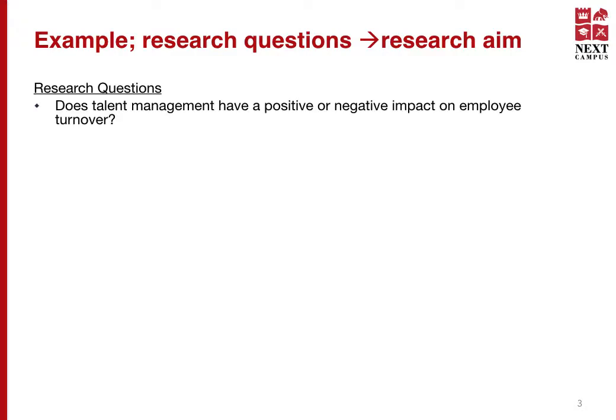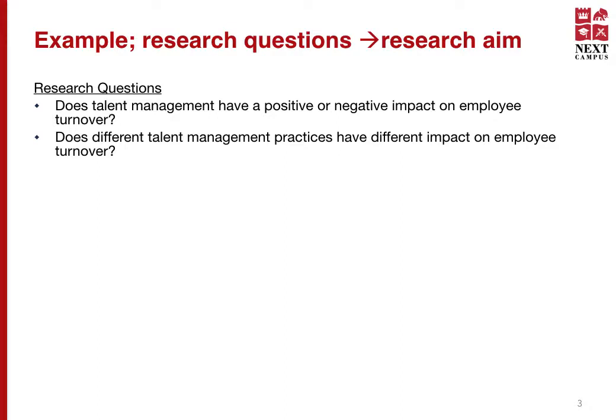Here is how you can convert your research question to the research aim. The first research question: does talent management have a positive or negative impact on employee turnover? Second research question: do different talent management practices have different impacts on employee turnover? Yes, you're right.